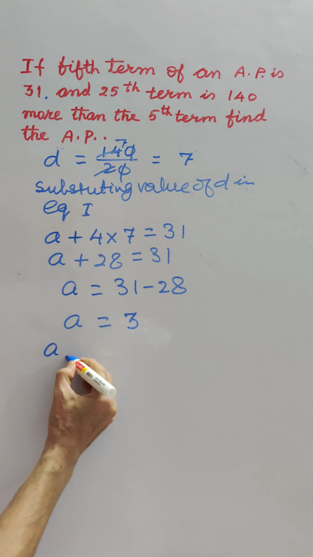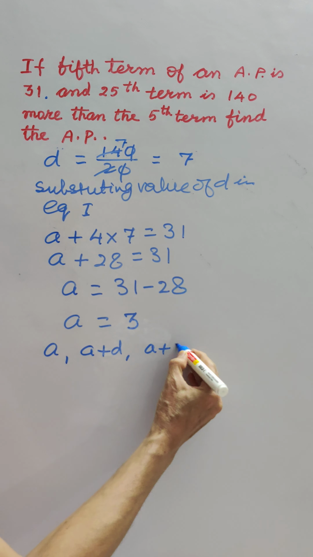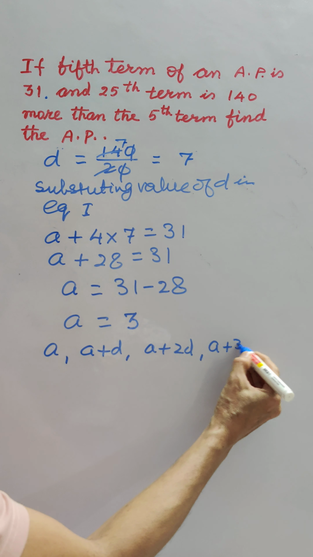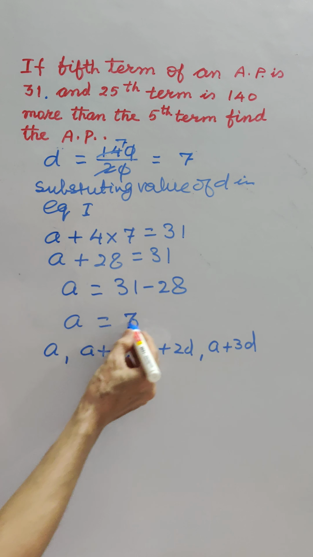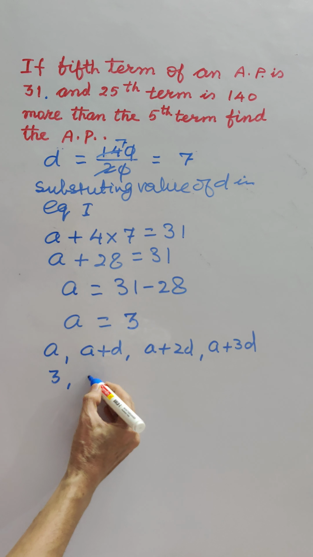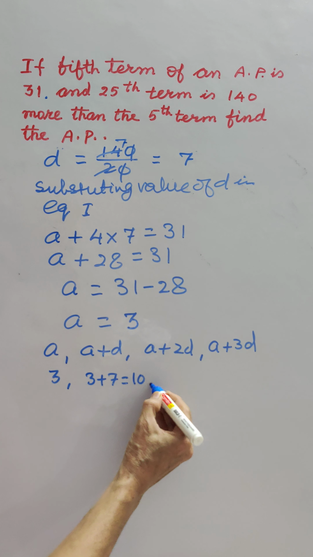First term is a and second term a plus d. Third term will be a plus 2d. Fourth term will be a plus 3d. So this way the AP will be a is 3 and second term is a plus d, so 3 plus 7, that is 10.